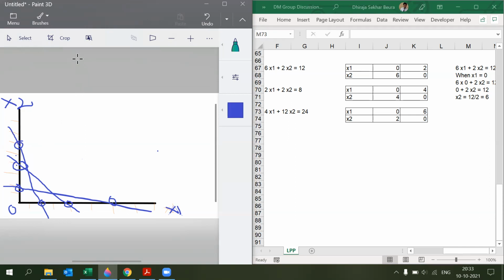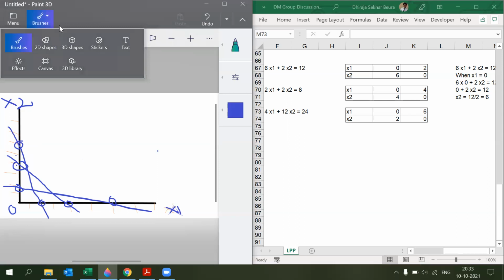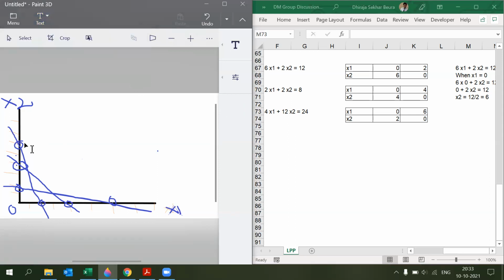Yes, that is absolutely correct. Now what I'll do is I will put in small text here. I'll say 6x1 plus 2x2 is equal to 12.